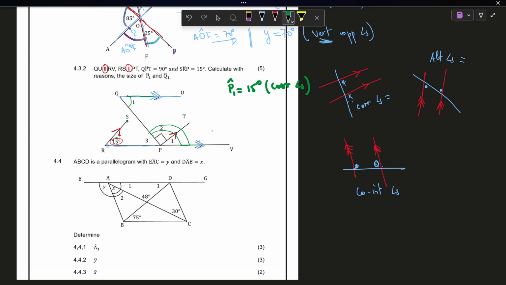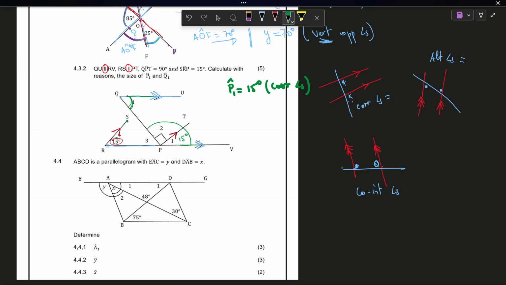So let me just remove it again. So remember P1, let me just write, we said this is 15 degrees, right? If this is 15 degrees, now what is Q1? Now we know that there's a relationship between Q1 and all this, right?